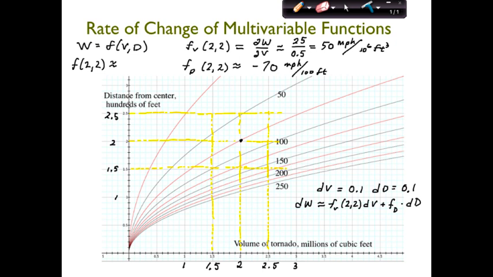So it's going to be the combined contributions of the change in wind speed due to the change in volume, and you get that by multiplying by the rate of change, and the change in distance. Also, right, y dy equals m dx, but now our y is wind speed. Our rate is this partial derivative, and our x, quote unquote, is, in this case, distance from the center.